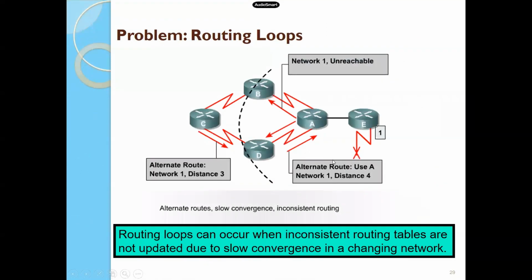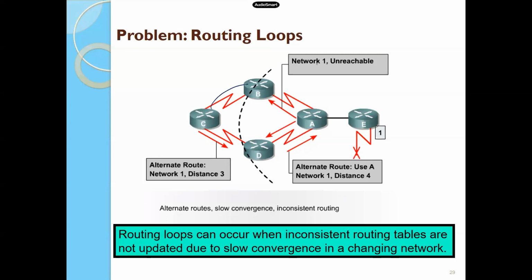Now what is the issue with routing loops for RIP? We are counting hops. But what if the connection is closed? Let's say at my destination there's a problem. The connection is broken. So the message will keep traveling over the network until infinity. Network 1 here is unreachable, and I want my destination to reach network 1.